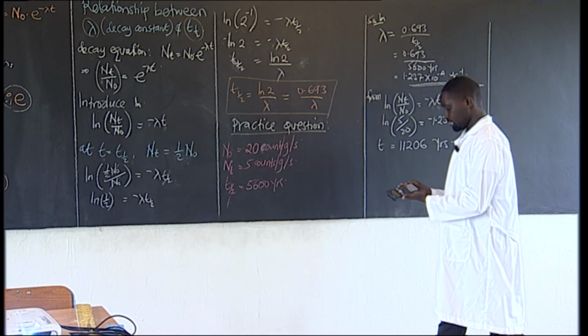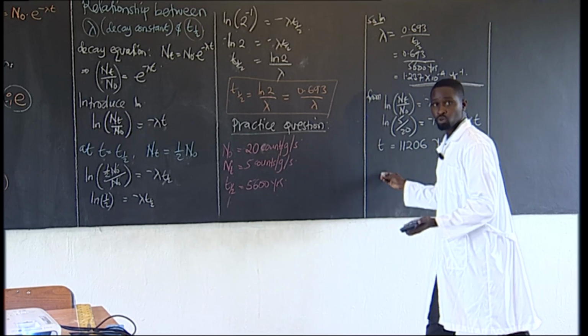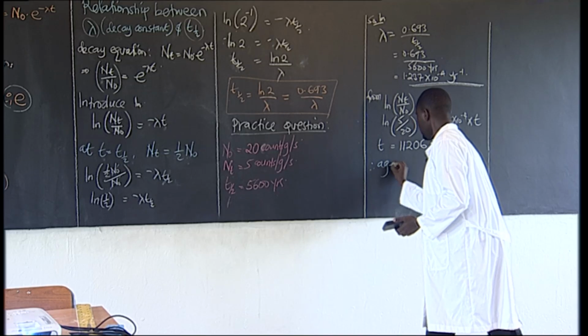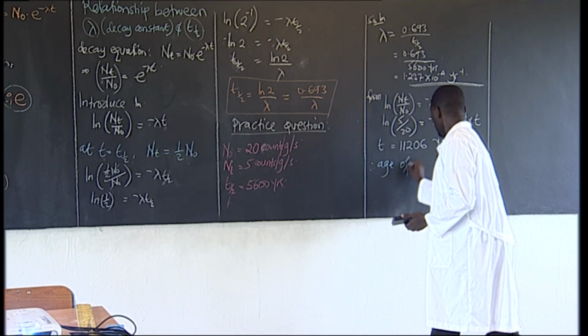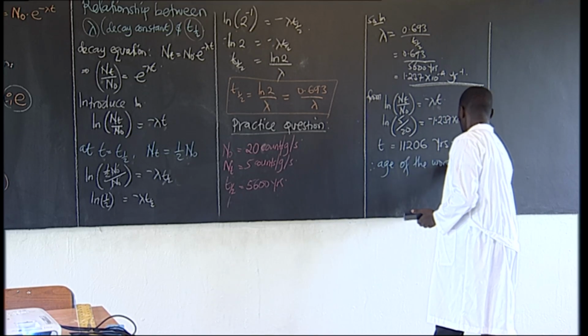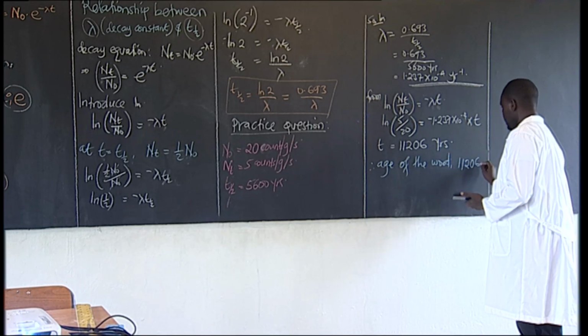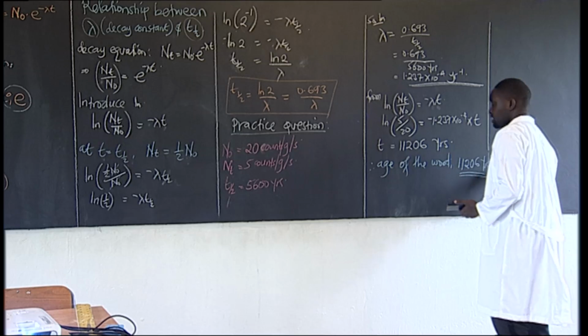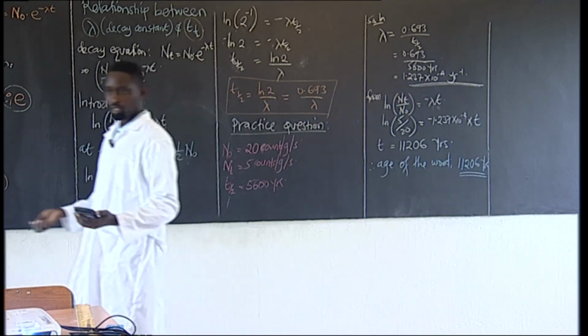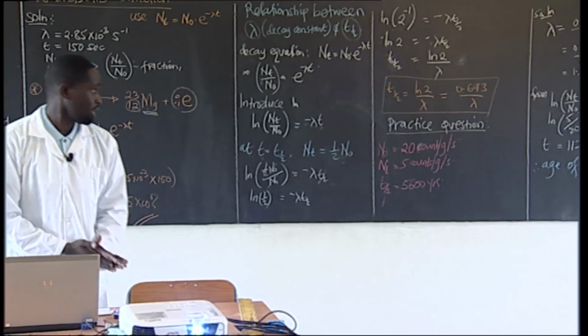So in this case, we can simply conclude and say the age is 11206 years. So this is the age of that wood, basically, and you are done.